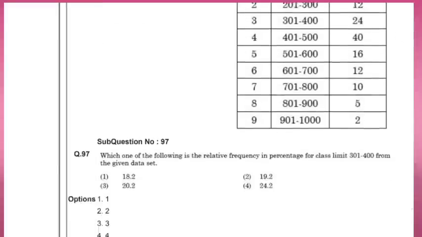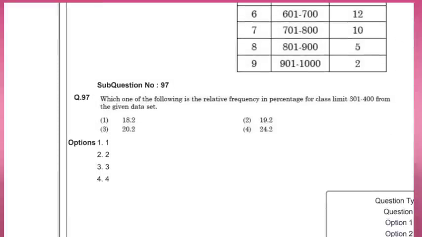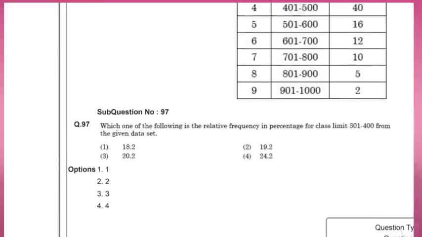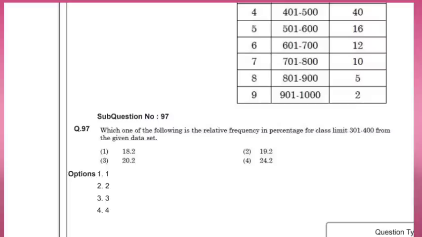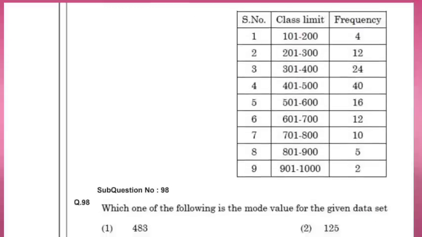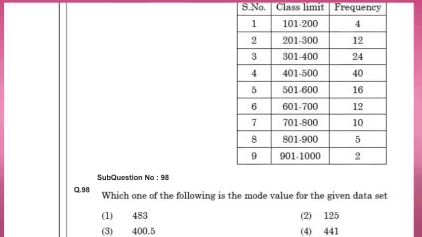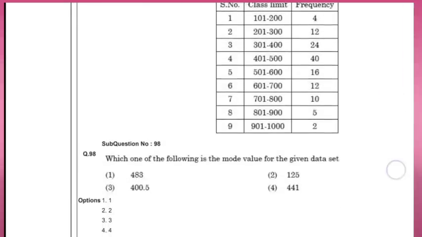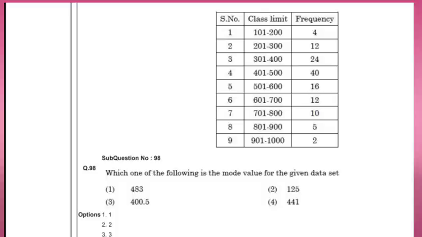Next, the passage and question ID 693. The question is the relative frequency percentage for the class limit. The answer is option 2, 19.2. 19.2 is the correct answer. Next question, ID 697: which of the following is the mode value of the given data?